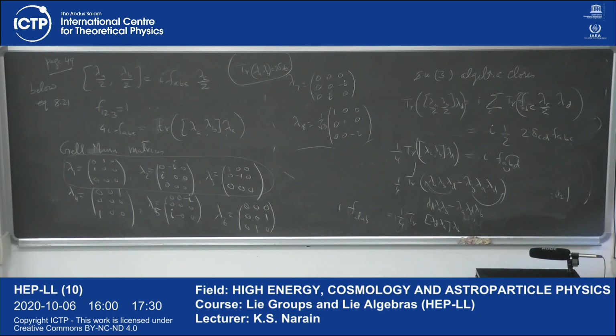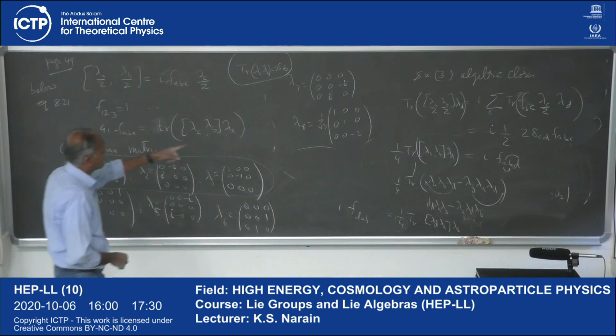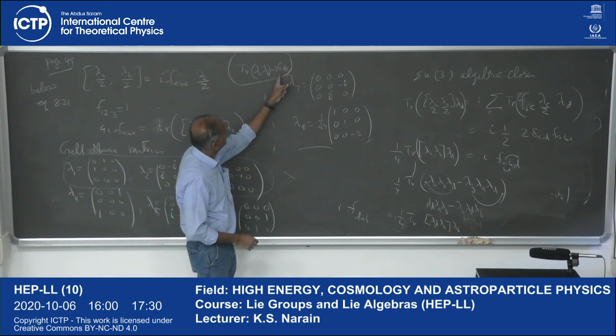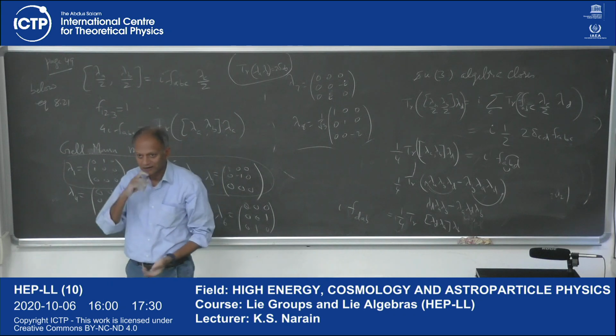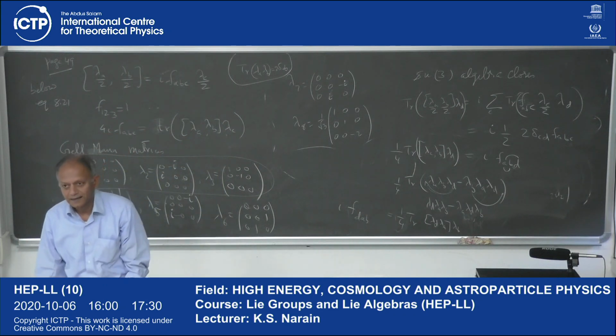So we will discuss it. That plays a very important role in the whole classification of the Lie algebras. Yeah, we will discuss next week. So by choosing this, we are saying that the metric is the very standard Euclidean metric. No? So it's a convenience.